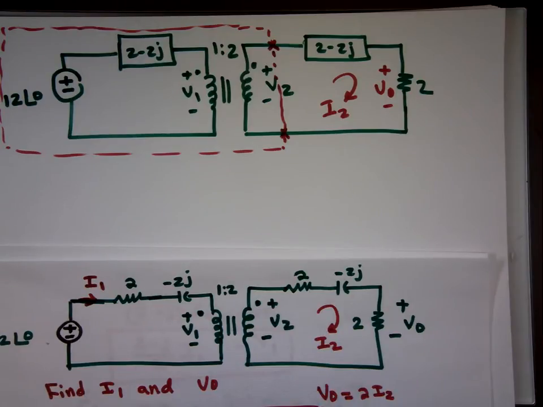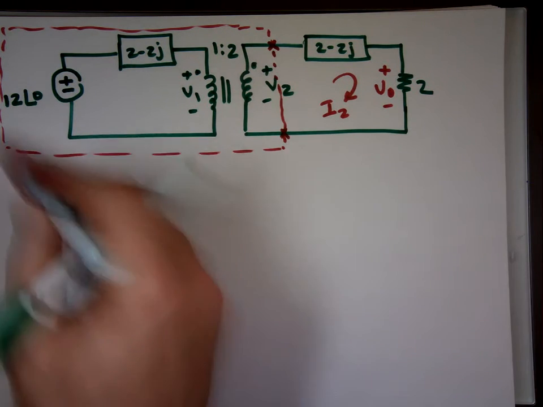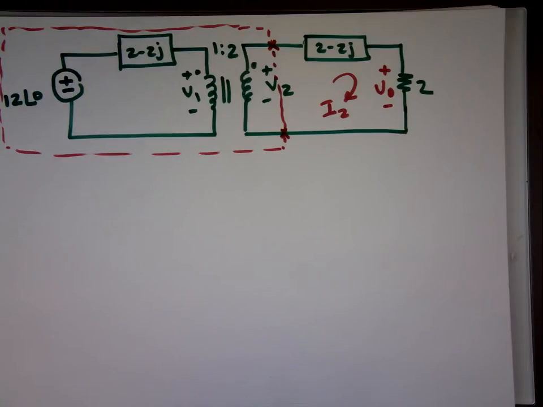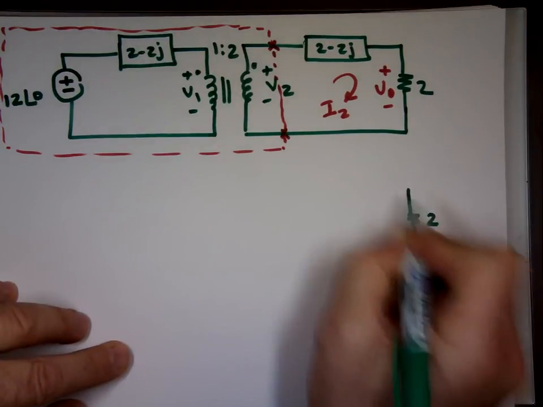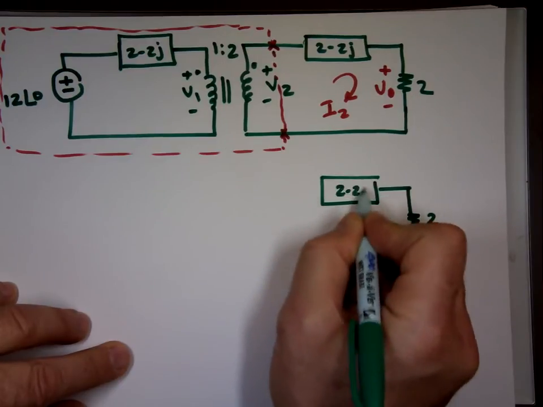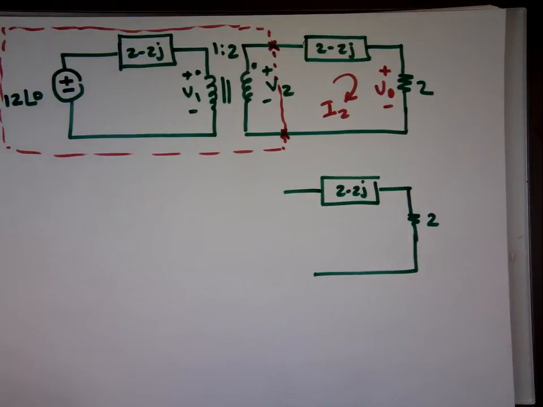So if that was the question, what I might want to do instead of going through this is find the equivalent of this. So the equivalent of this will look like this. 2. This doesn't change. So I'm going to chop it here.